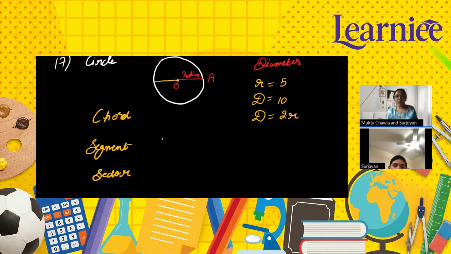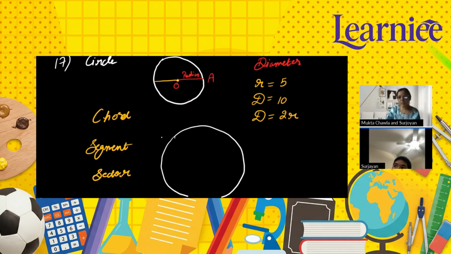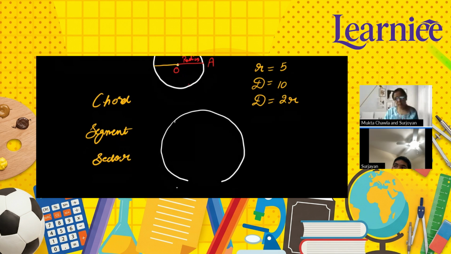First, I'll make one circle, right? So that everything is clearly visible. Now, better I make it again. What you said, chord would be what?